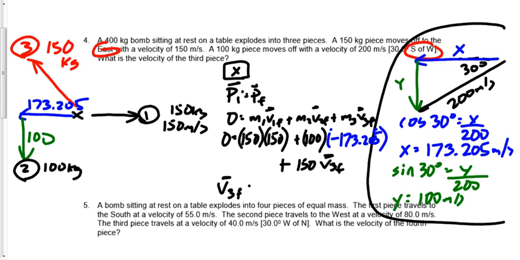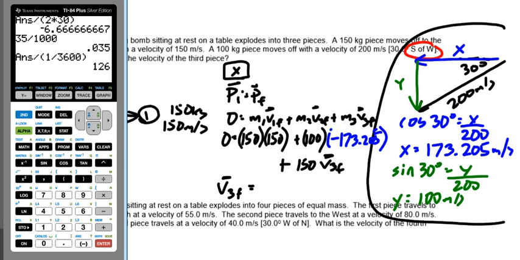Now I'm going to do this on the calculator. Follow along with me to make sure that you can do it here. On the right side, I've got 150 times 150. I put those in brackets. Plus 100 times negative 173.205.